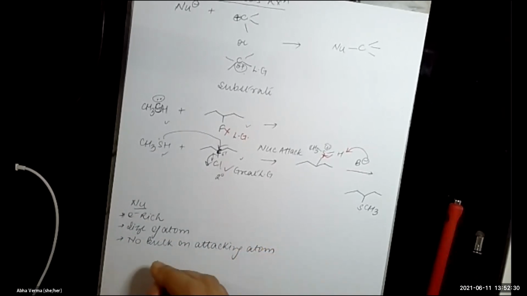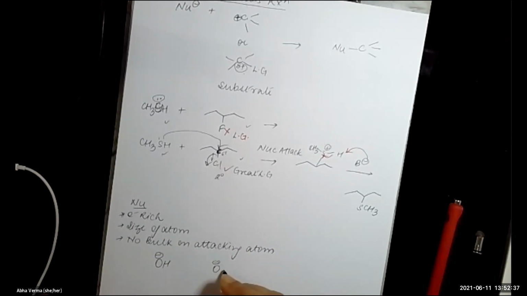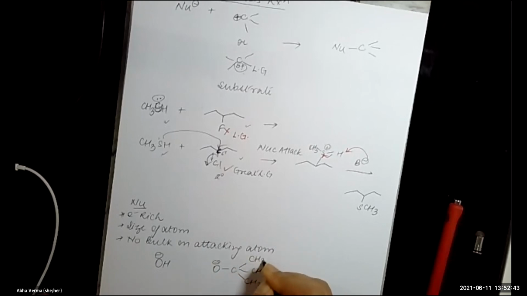And this can be evident from a hydroxide example. If I have an OH, and to the same oxygen, I have a tertiary butyl group. Remember, this is a tertiary butyl group on oxygen.